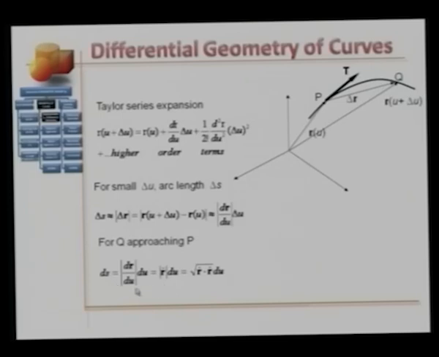So ds is the absolute value of r dot times du, and the mod of r dot can be written as the square root of r dot dotted with r dot, times du.